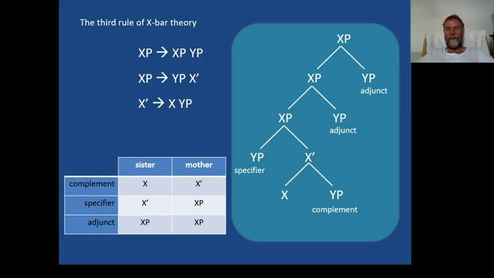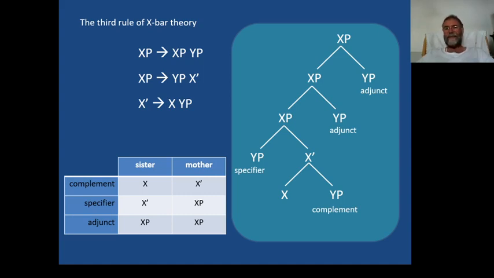Now, on those relationships, we can identify the specific positions of complements, specifiers, and adjuncts. Note, the complement has its sister as an X, the head, so the complement is the sister of the head. Its mother is the X bar. Specifier, however, is very different from that. Its sister is the X bar, and its mother is the XP.